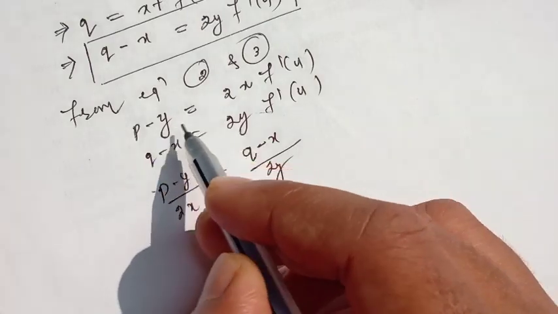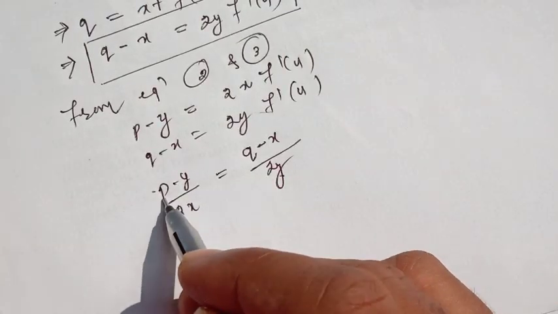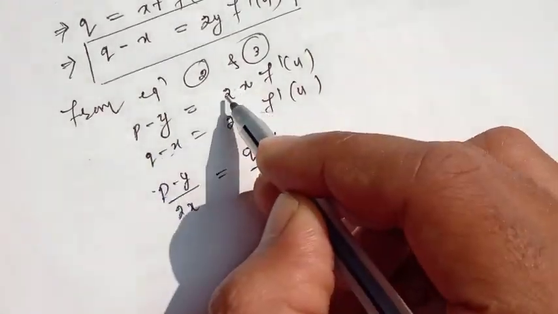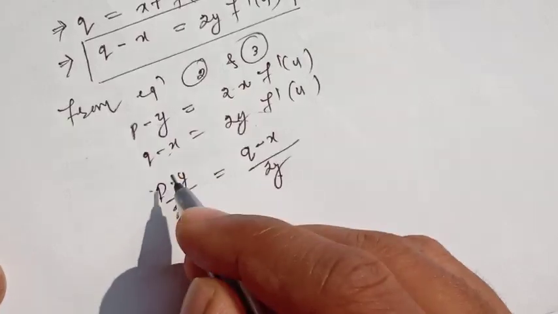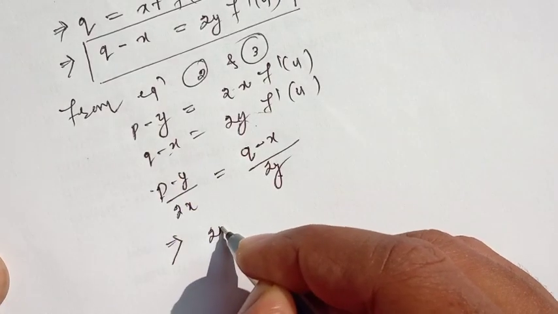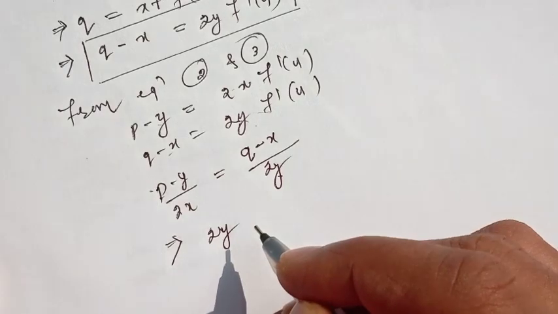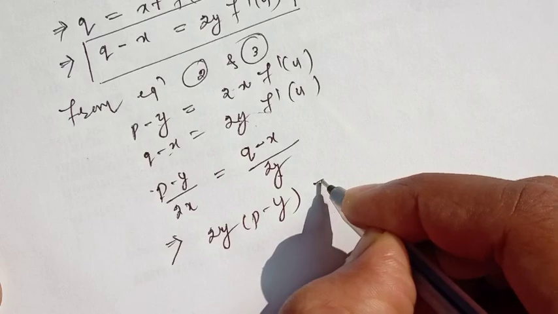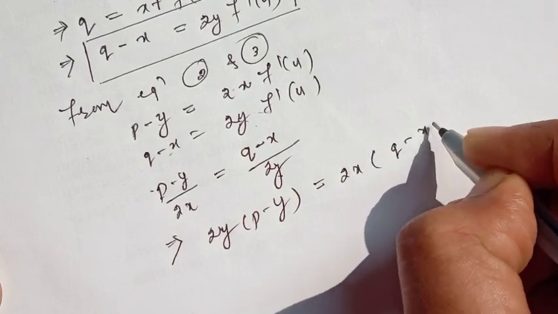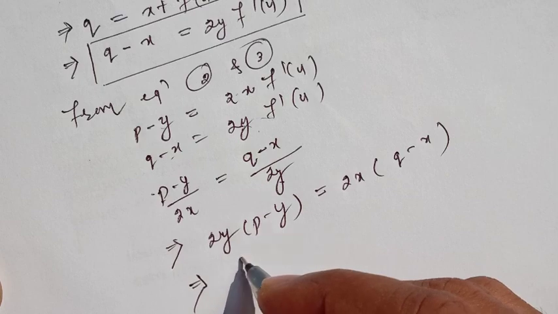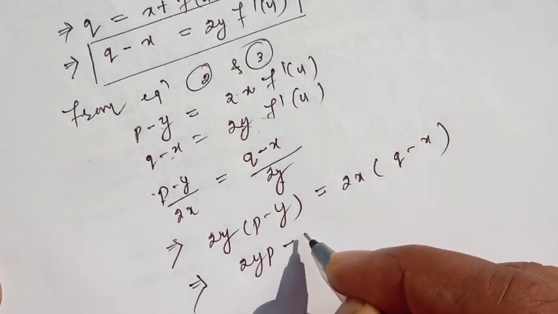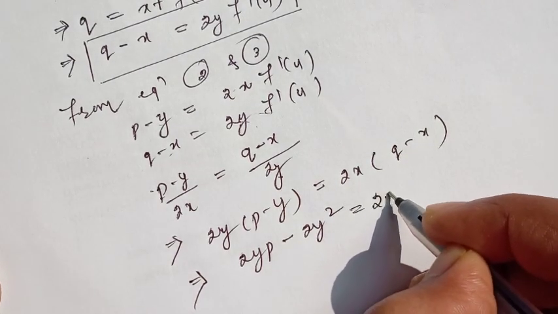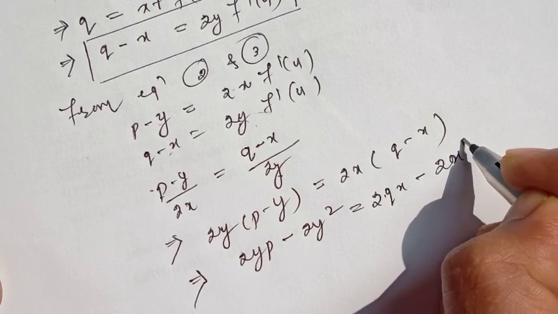Cross multiplying, we get 2y times p minus y, and 2x times q minus x. So 2y(p minus y) is equal to 2x(q minus x). Solving this, it will be 2yp minus 2y square is equal to 2qx minus 2x square.